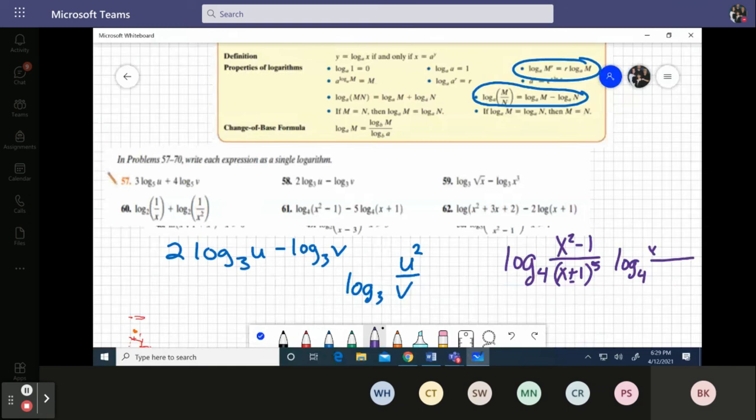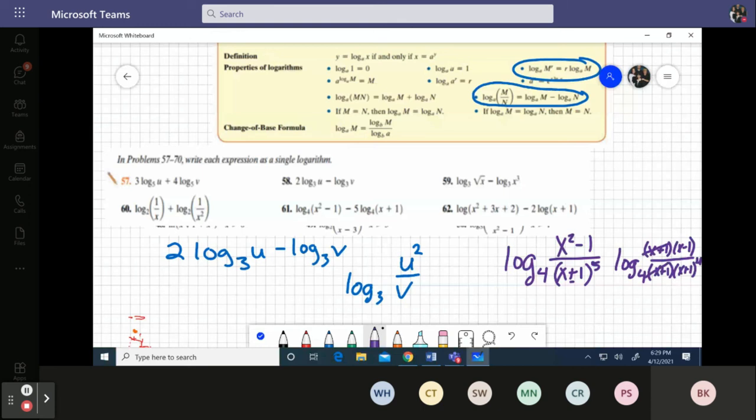Couldn't I make that x plus 1 times x minus 1? Could I pull an x plus 1 out? Times x plus 1 to the 4th power. Now I can simplify one of those out, right?